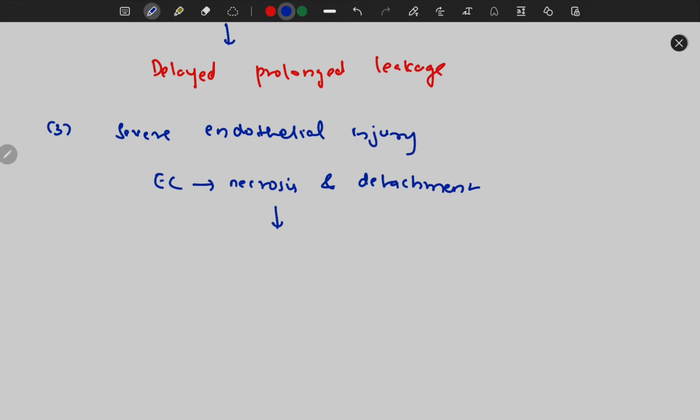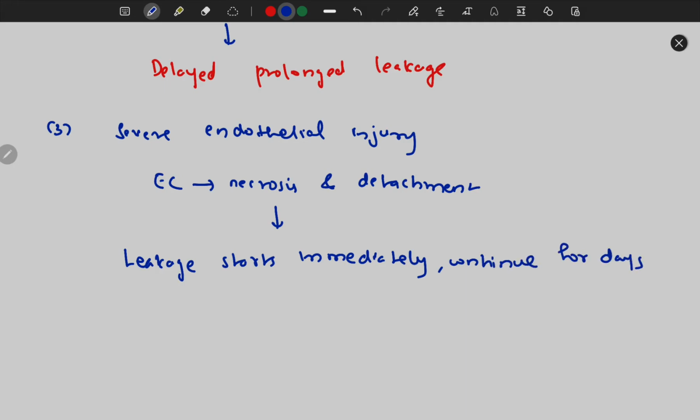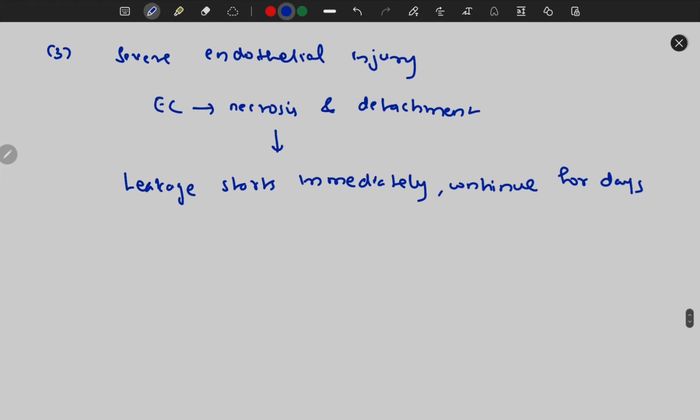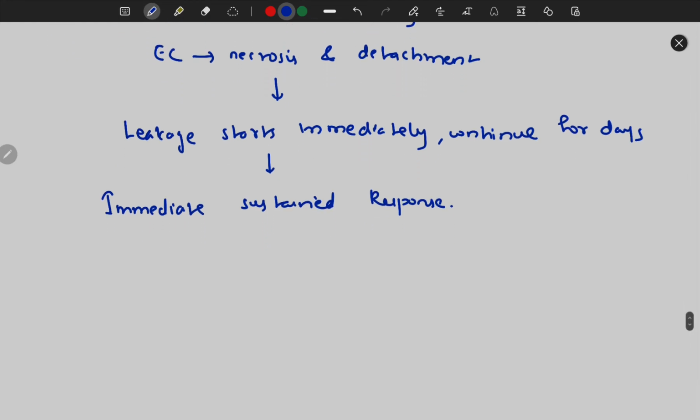In this case, the leakage starts immediately, and it continues for days. This response is called an immediate and sustained response.